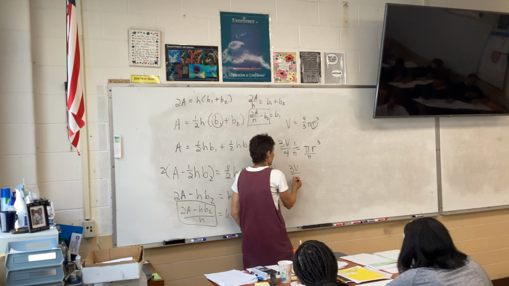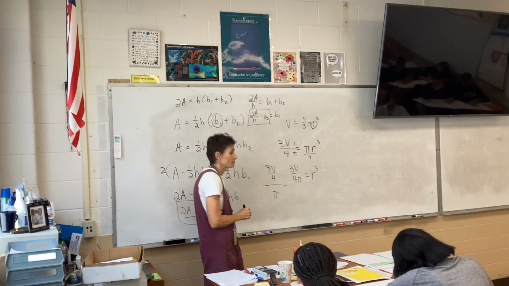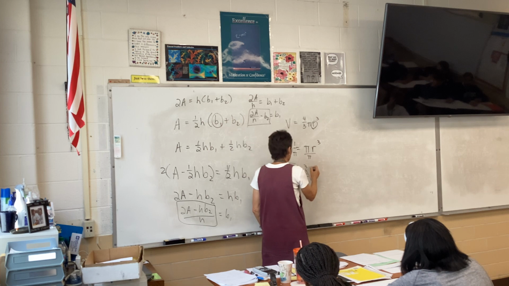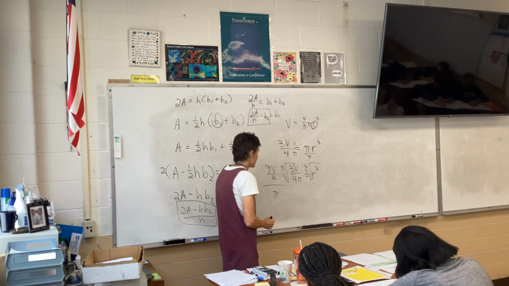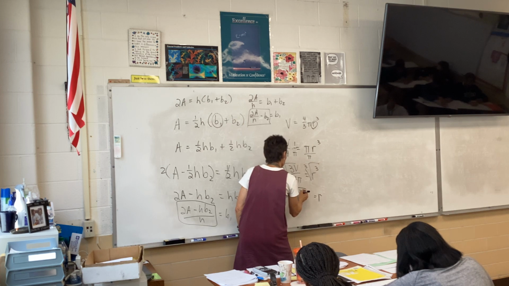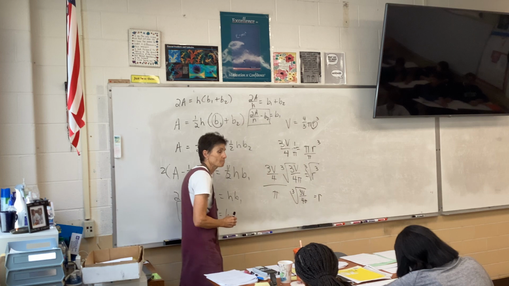So 3v over 4 pi equals r cubed. And then you gotta uncube it by cube rooting it. So r equals the cube root of 3v over 4 pi. Perfect.